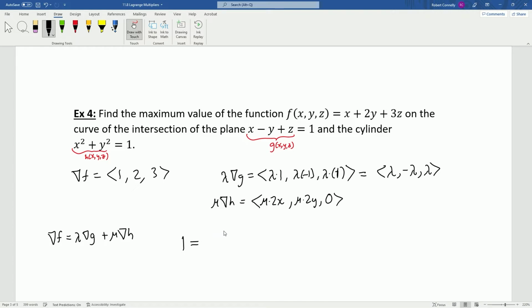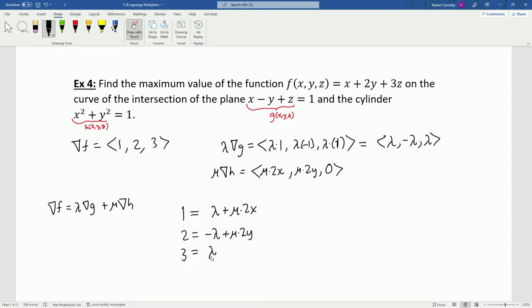1 equals lambda plus mu times 2x. 2 equals negative lambda plus mu times 2y. And 3 equals lambda plus 0. So just lambda.